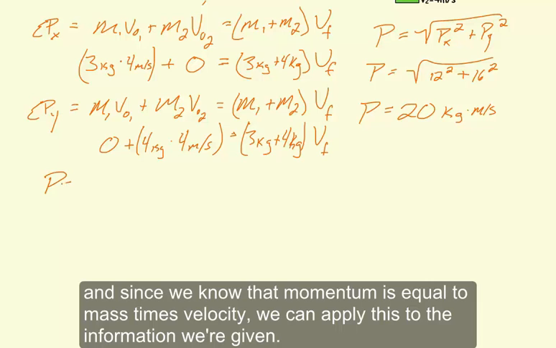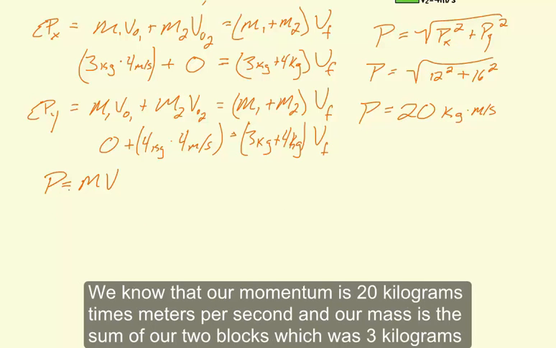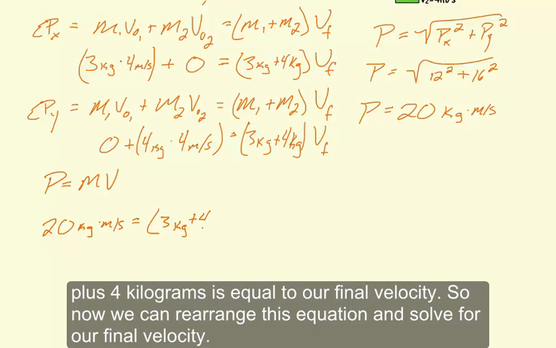And since we know that momentum is equal to mass times velocity, we can apply this to the information we're given. We know that our momentum is 20 kilograms times meters per second, and our mass is the sum of our two blocks, which was 3 kilograms plus 4 kilograms. So now we can rearrange this equation and solve for our final velocity.